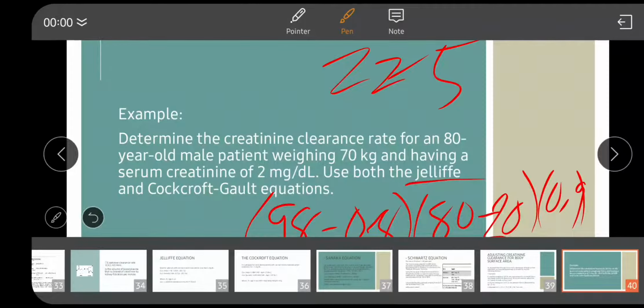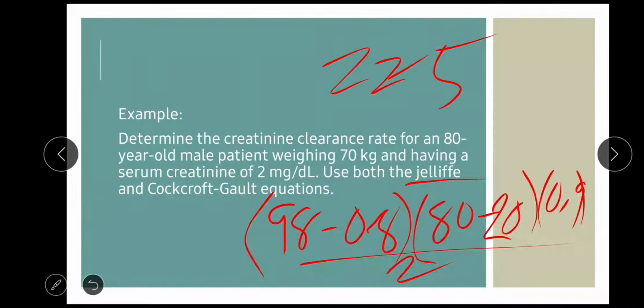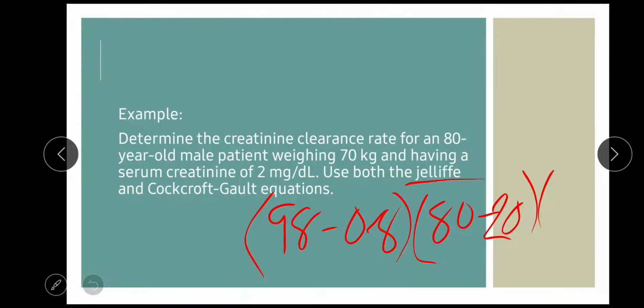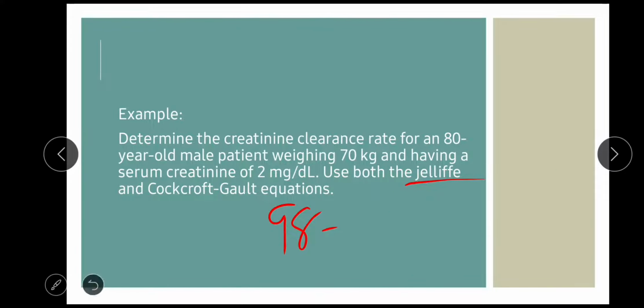Diba? Dahil 98 minus 0.8 ay 97.2 times 60 times 0.9, 45 over 2. Then, yung Cockcroft naman natin, yung formula natin ay body weight natin.